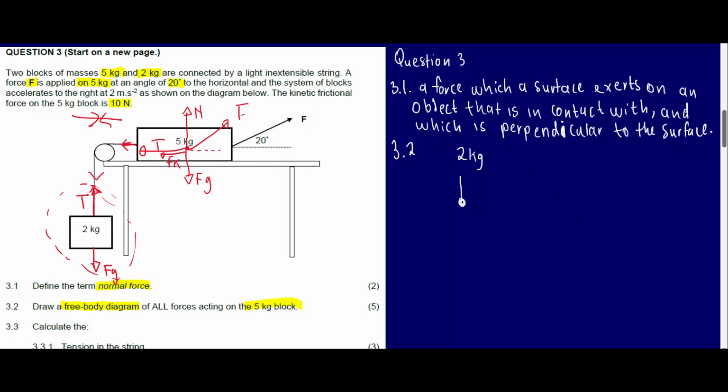So the 2 kg block here, we can draw its free body diagram, and we will see that the only forces acting are the tension force, which is going up, and the gravitational force, which is going exactly down.